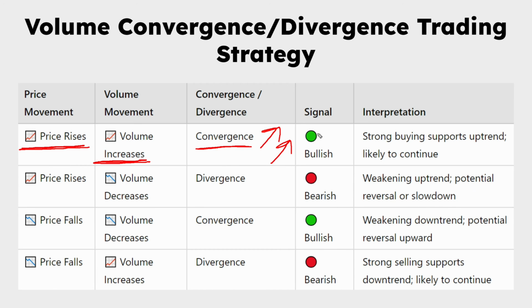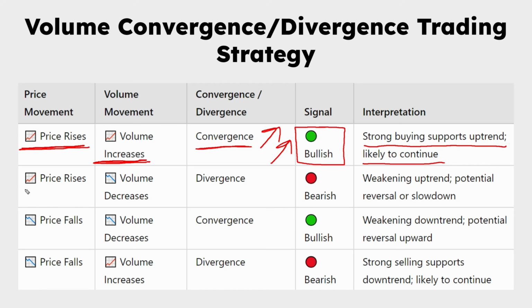And as you know from earlier in the course, the signal here is bullish, because when we have the price going up and the volume increasing, this means that we have many buyers supporting the move. Or in other words, strong buying supports the uptrend, and this makes the uptrend more likely to continue. So that is the first signal to look out for.